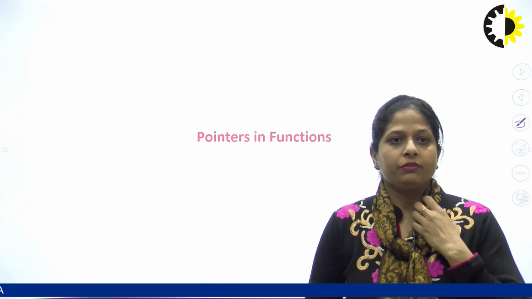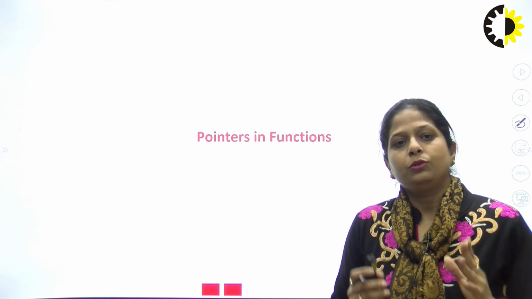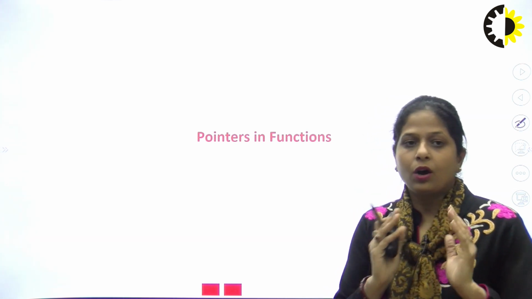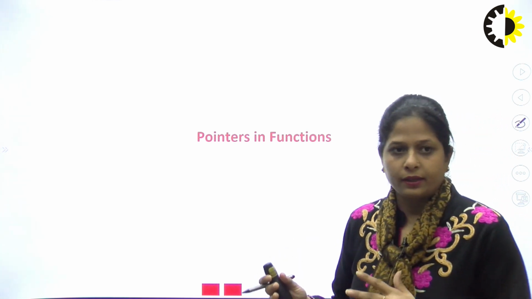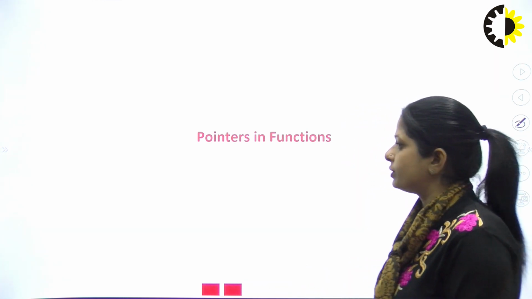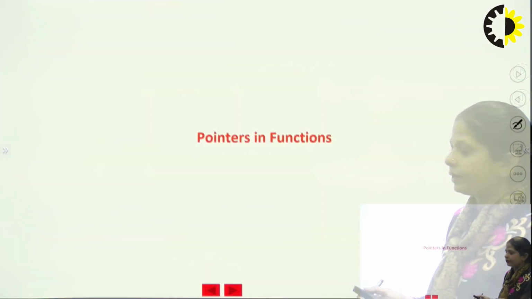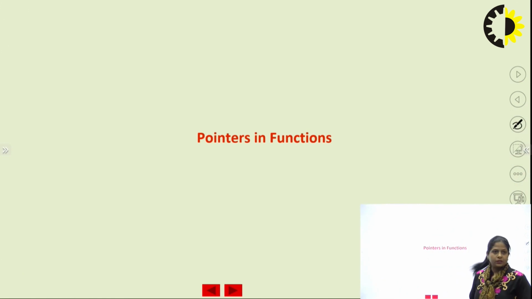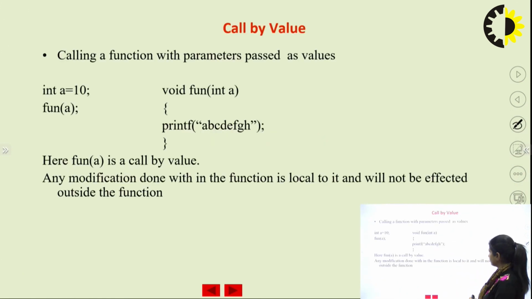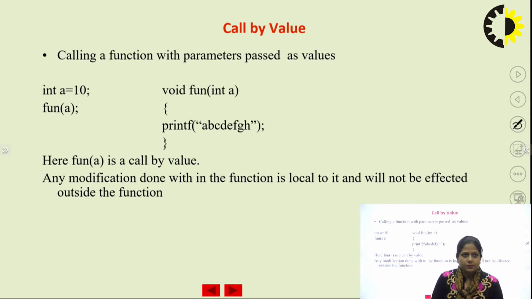Now, one by one we will discuss how we can use pointers in functions, how we can use pointers in arrays, and what operations we can perform on pointers. So, let me start with pointers in functions. As we have already discussed, when we talk about functions, there are two methods: one is call by value, and the other is call by reference.